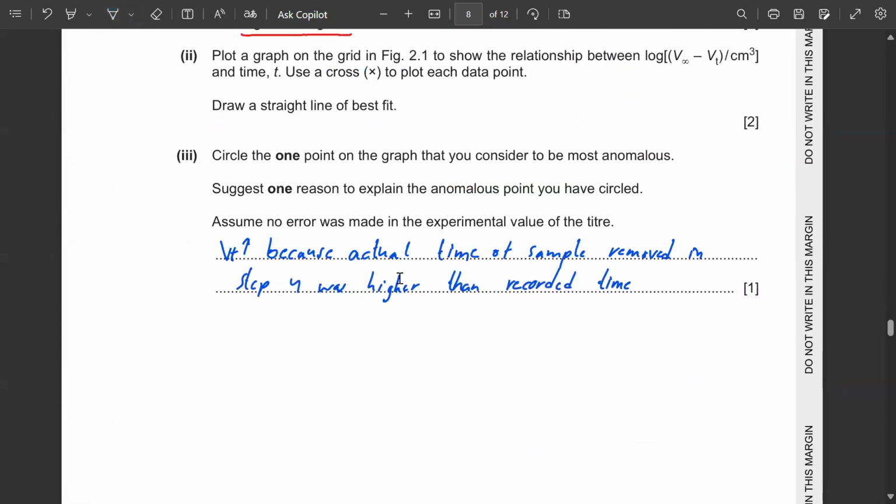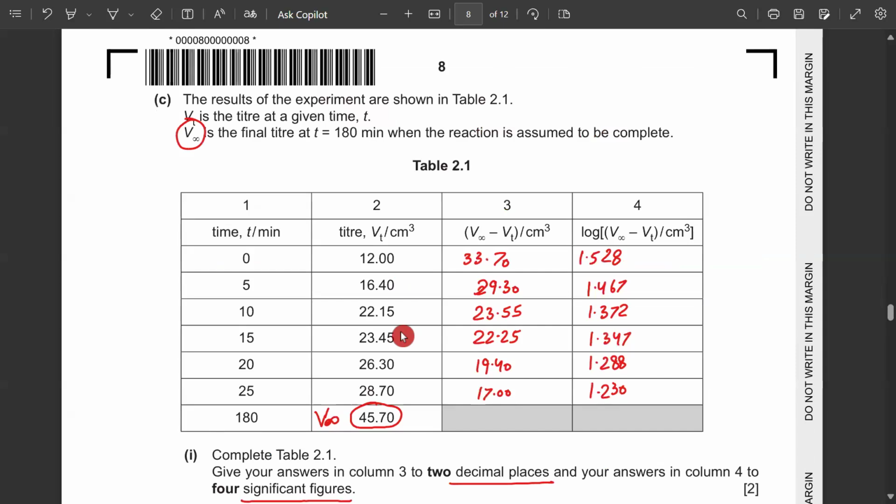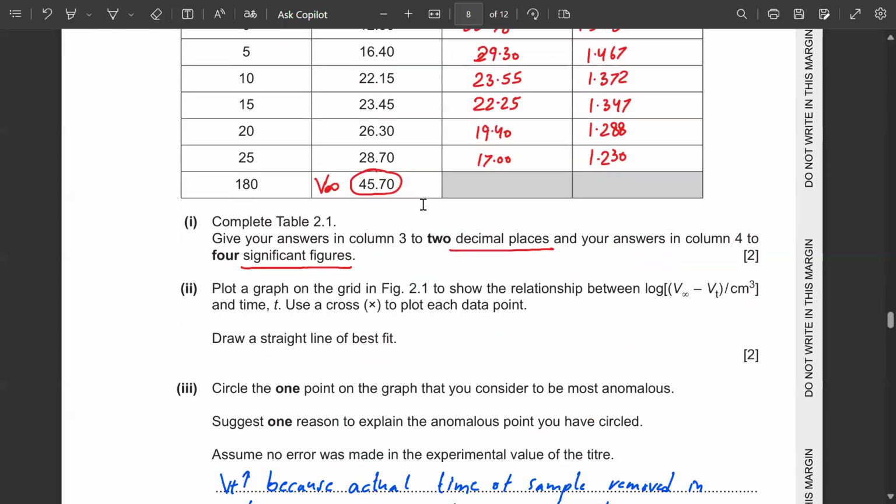Wait, so VT increases because the actual time of sample removed in step 4 was higher than the recorded time? Yes, because we did not properly record the time. We mistakenly recorded a higher time. Well, what do they mean by assume no error was made in the experimental value of the titer? Like other errors are supposed to be omitted.